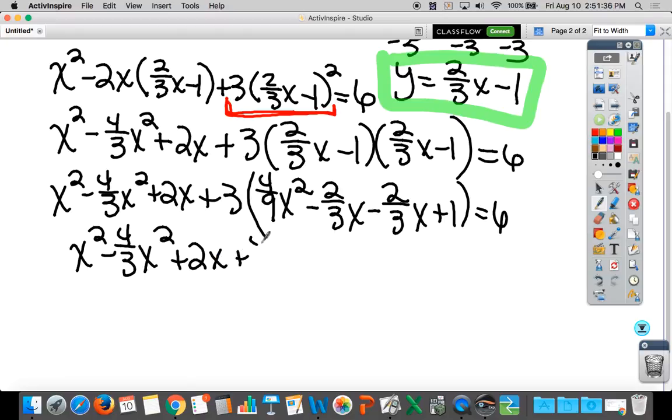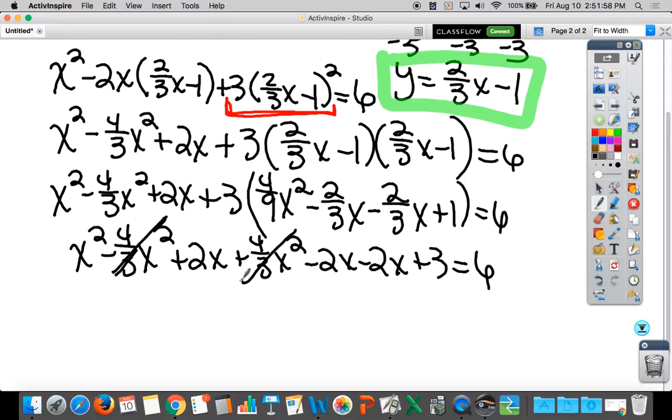That becomes 4/3 x squared minus 2x minus 2x plus 3. Now all we have to do is combine like terms. I have a negative 4/3 x squared and a positive, so I can cancel those out. They go to 0.